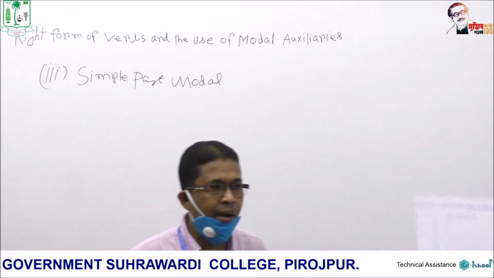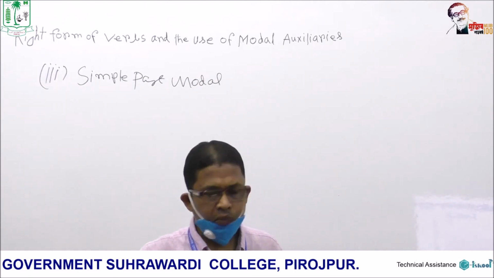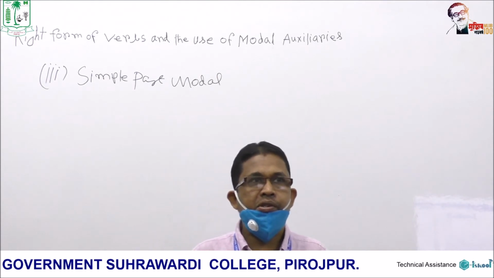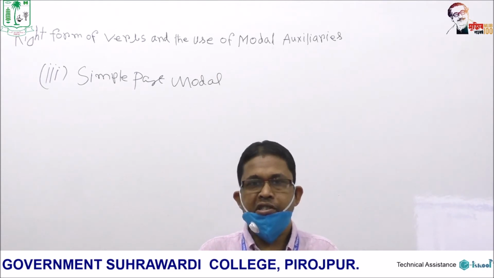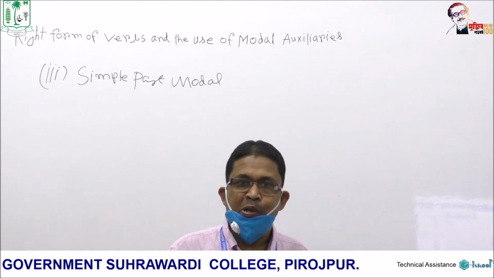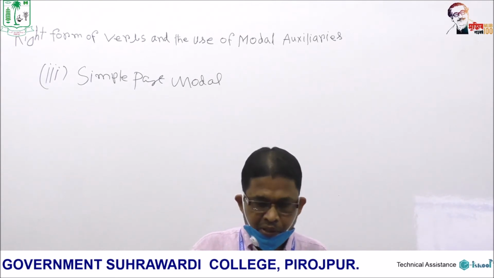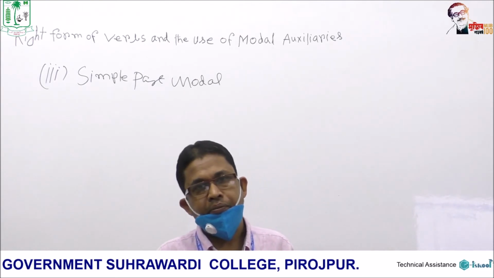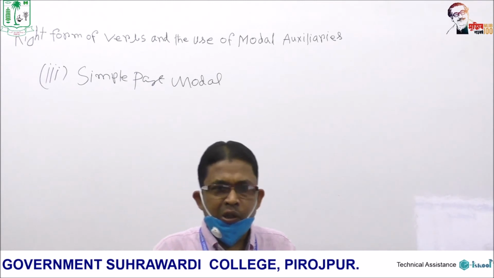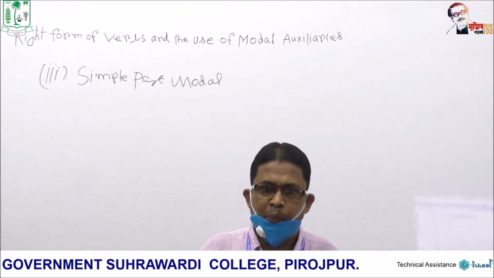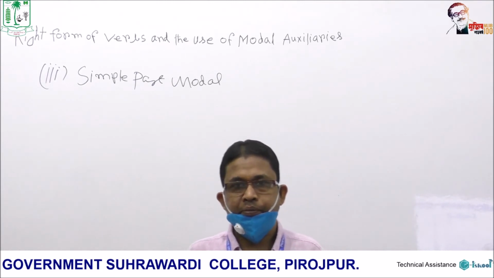As we have already learned, modal auxiliaries never change their form and tense. So, how can we use them in past form? We can use them in the simple past tense very easily.